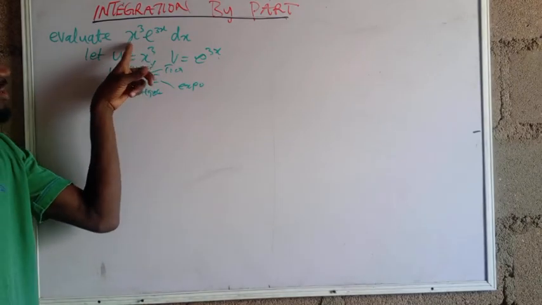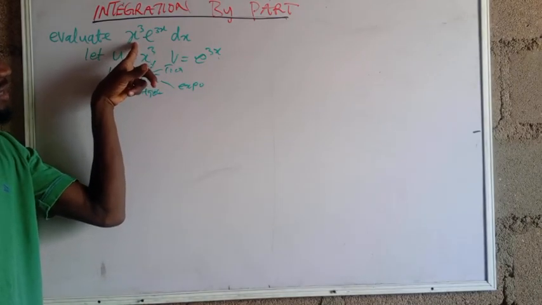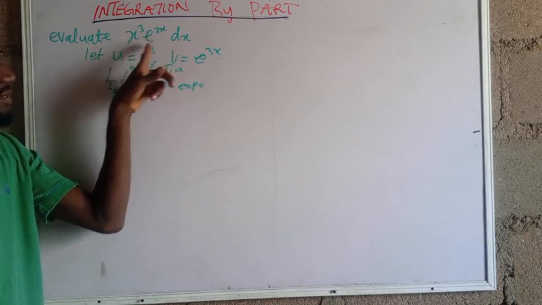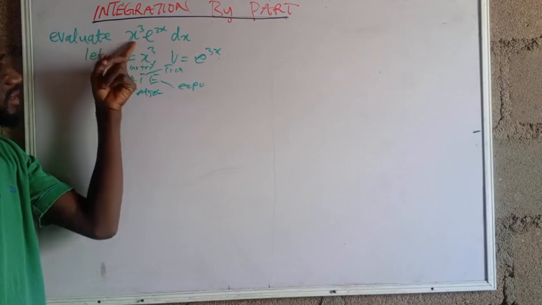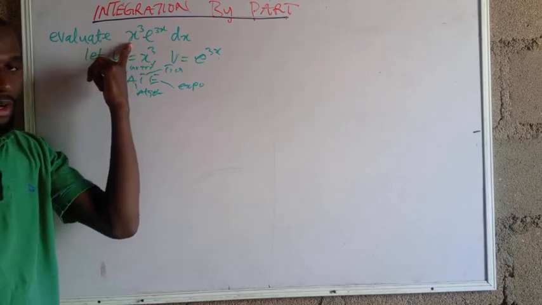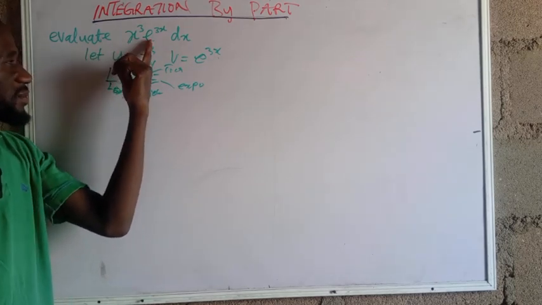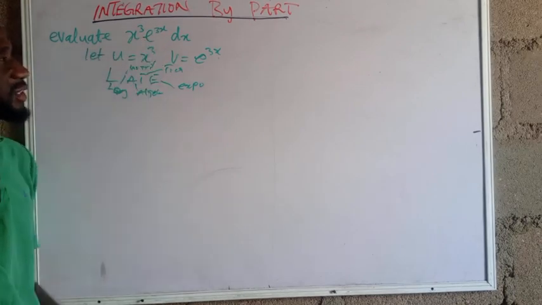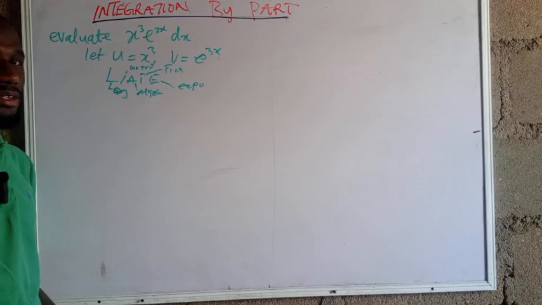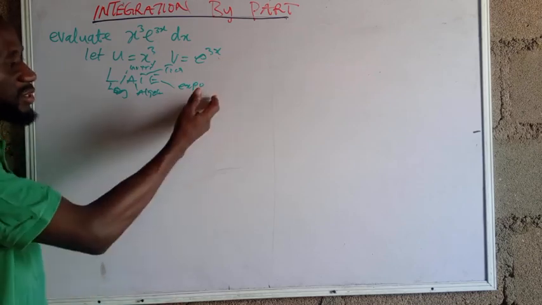But in this question, we have x cubed exponential 3x dx, so we are going to let u be our algebraic function, which is x cubed, and dv the exponential function, which is exponential 3x.